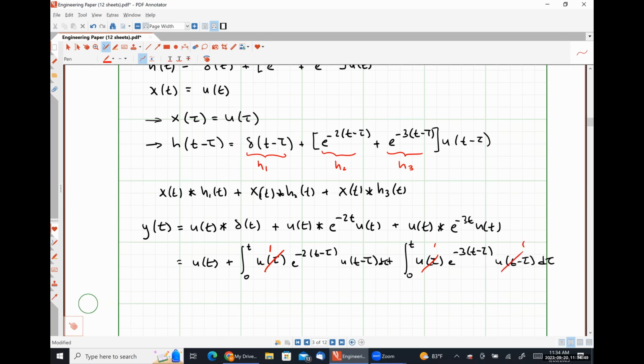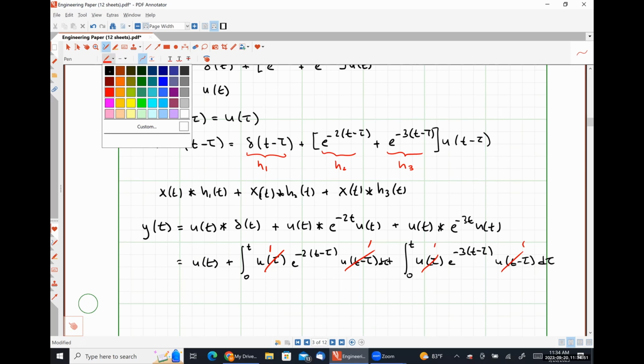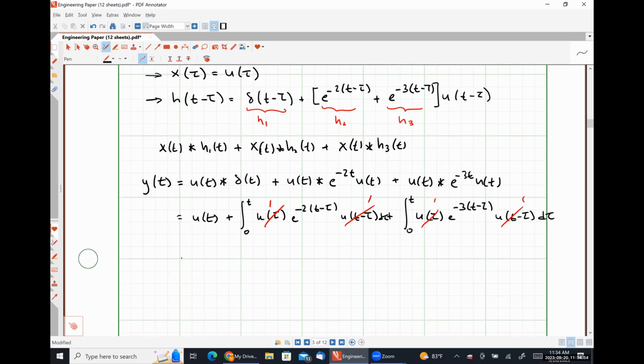So we're left with u of t plus the integral from 0 to t of e to the negative 2 (t minus tau) d tau plus the integral from 0 to t of e to the minus 3 (t minus tau) d tau. What I'm going to do now is recognize that t is effectively a constant.